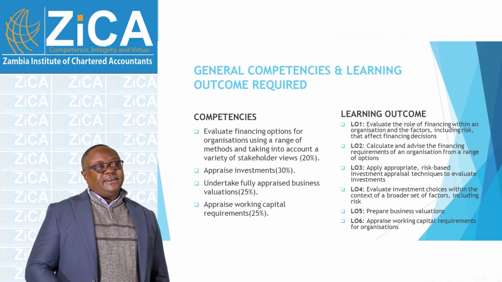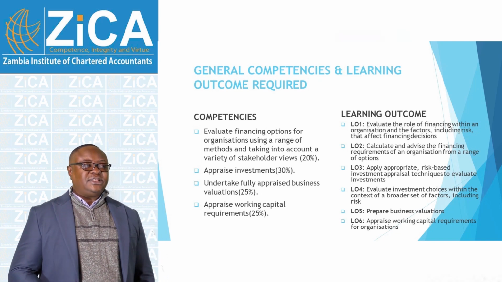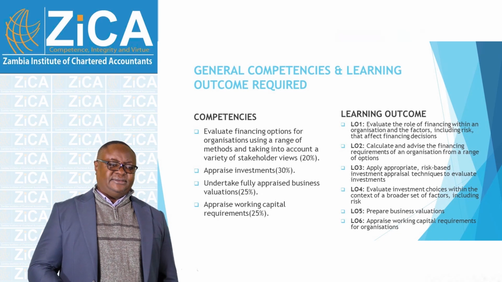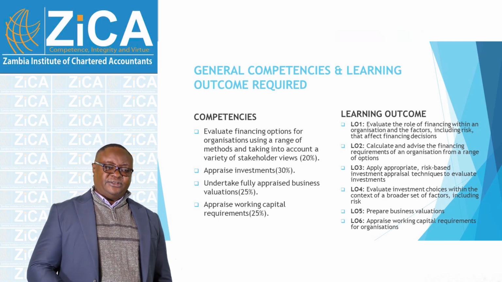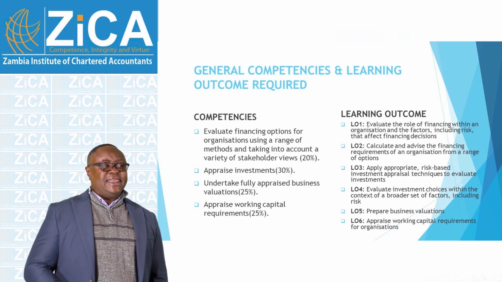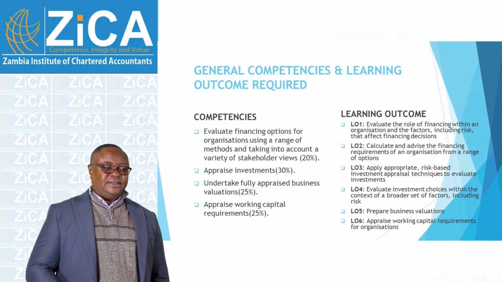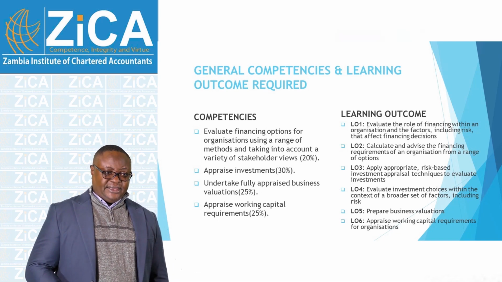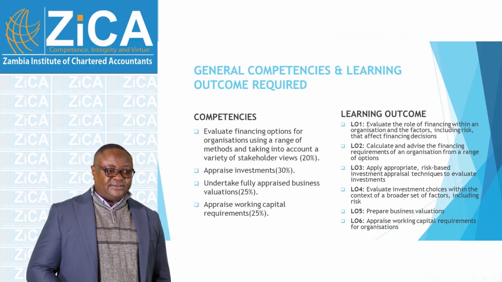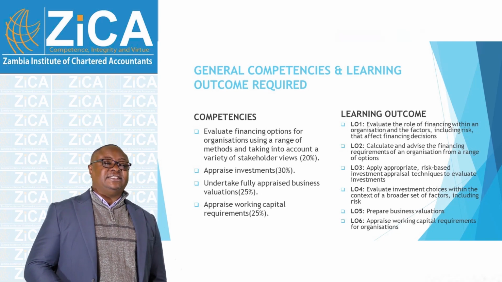Let's look at the learning outcomes. Learning outcome number 1 that you'll be expected as a student to demonstrate is to evaluate the role of financing within an organization and factors including risks that affect financing decisions.